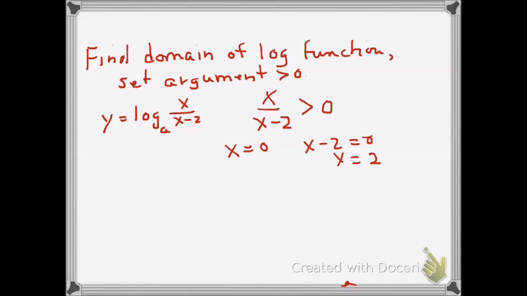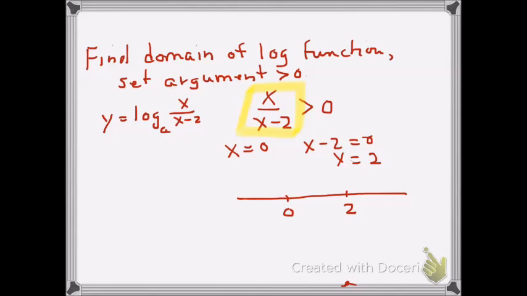So on the number line, we use our cut points to divide the number line, and then we test a number in each interval using our expression x over x minus 2.